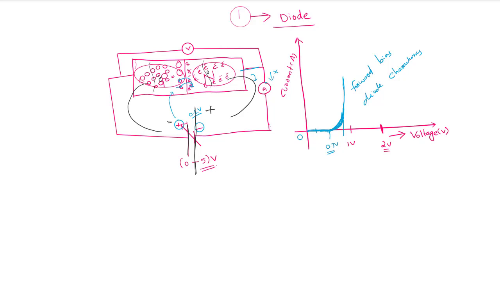When you try to increase the negative voltage, at a certain point it will start to break down and the current will start incrementing. The point at which the breakdown occurs is the diode breakdown voltage.